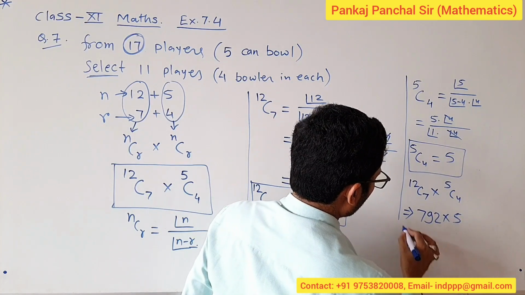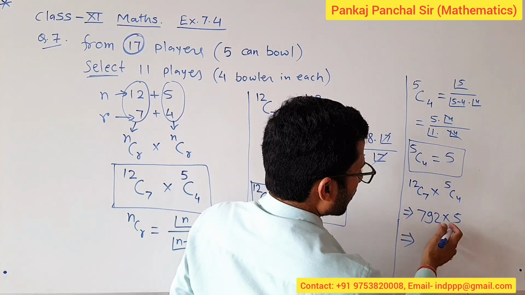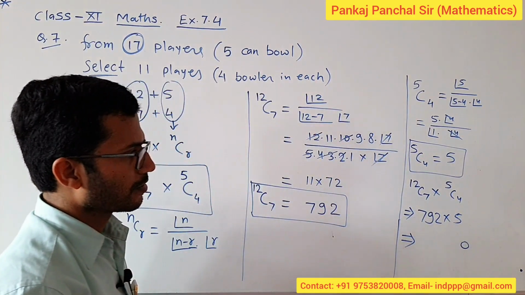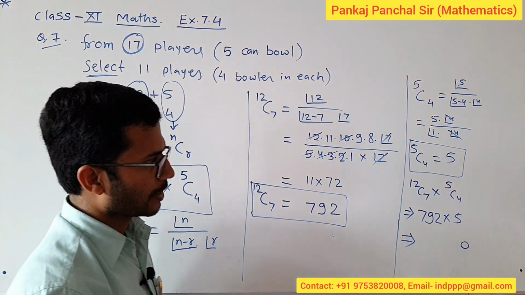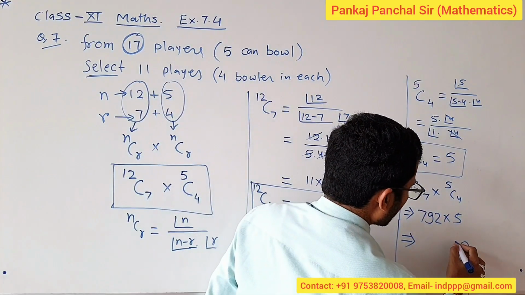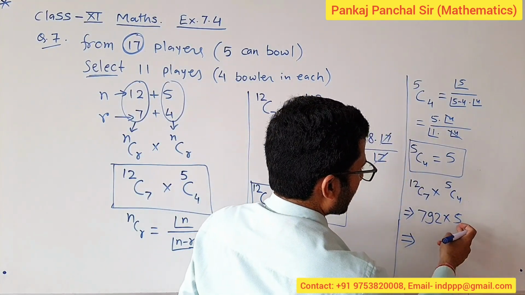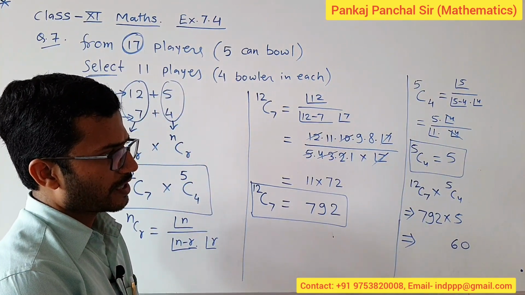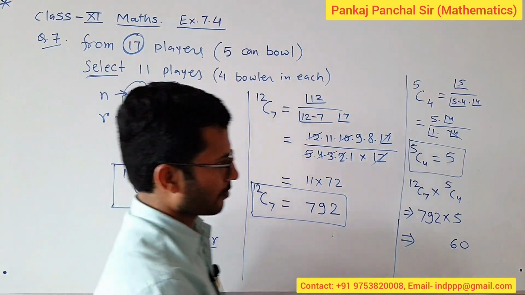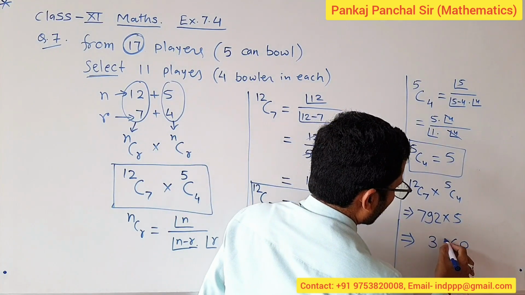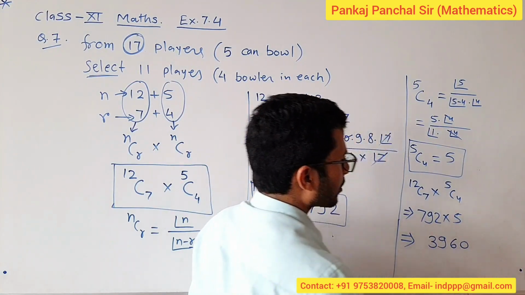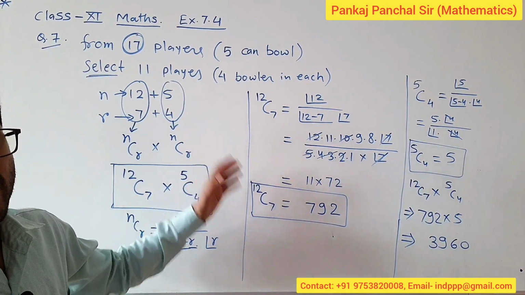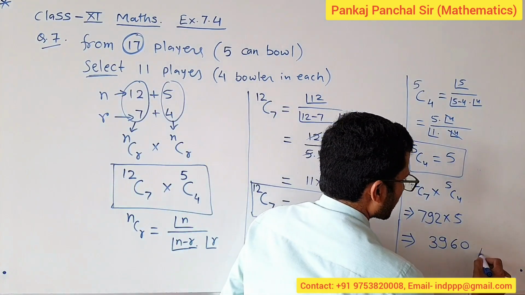Now multiply them. 5 into 2 is 10, 9 into 5 is 45, 45 plus 1 is 46, and 4 will be there. 7 into 5 is 35, 35 plus 4 is 39. So your answer is 3960 ways of such selection. This is your final answer of this question.